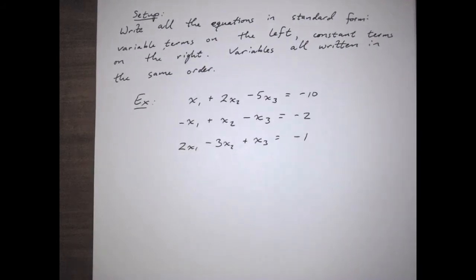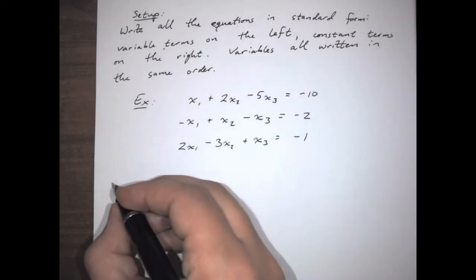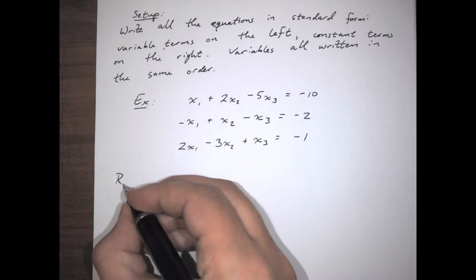Okay, now let's discuss the mathematical operations we can do to the equations once they are written in this form, with the ultimate goal of being able to discern what is x1 equal to, what is x2 equal to, what is x3 equal to. So here are what we will call the row operations.